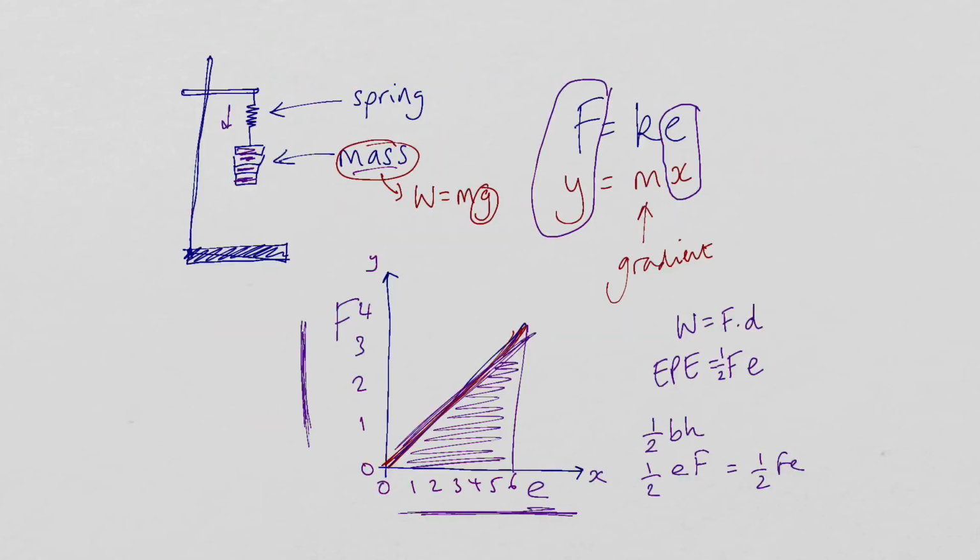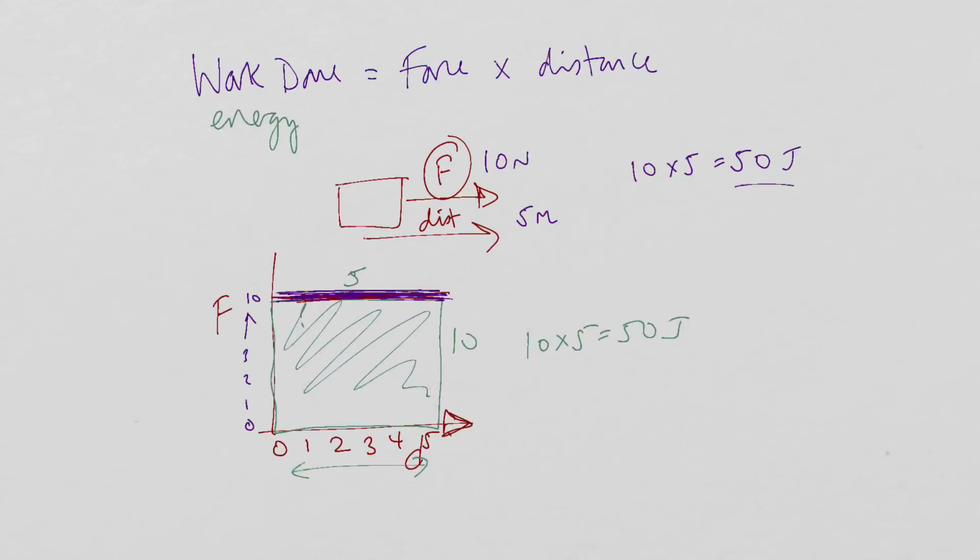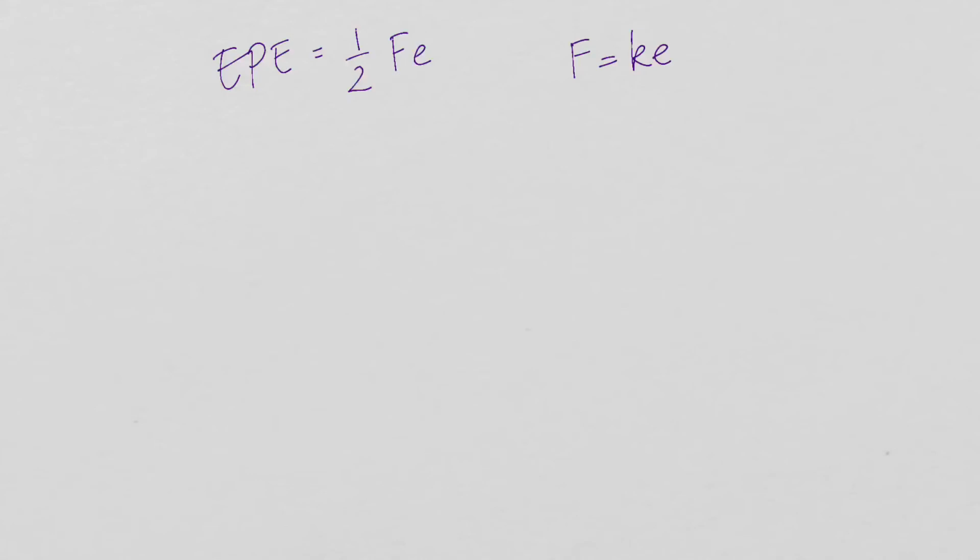Let's just remind ourselves of Hooke's law, F equals ke. So now that we've got our elastic potential energy, and that half reminder because it's a triangle shape rather than a rectangle shape, Hooke's law, F equals ke, well, what we can do is rather than writing F, because F equals ke, we can put that together.